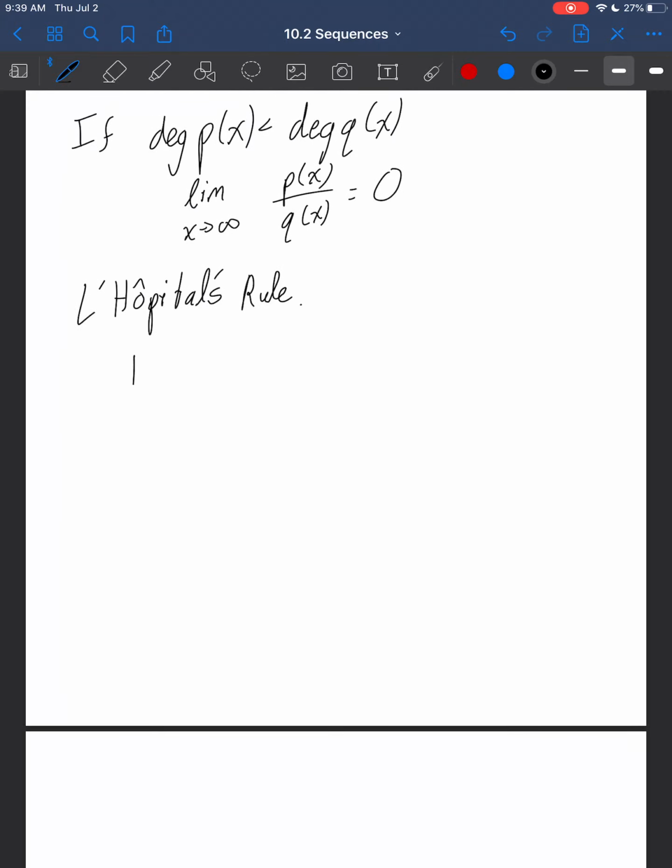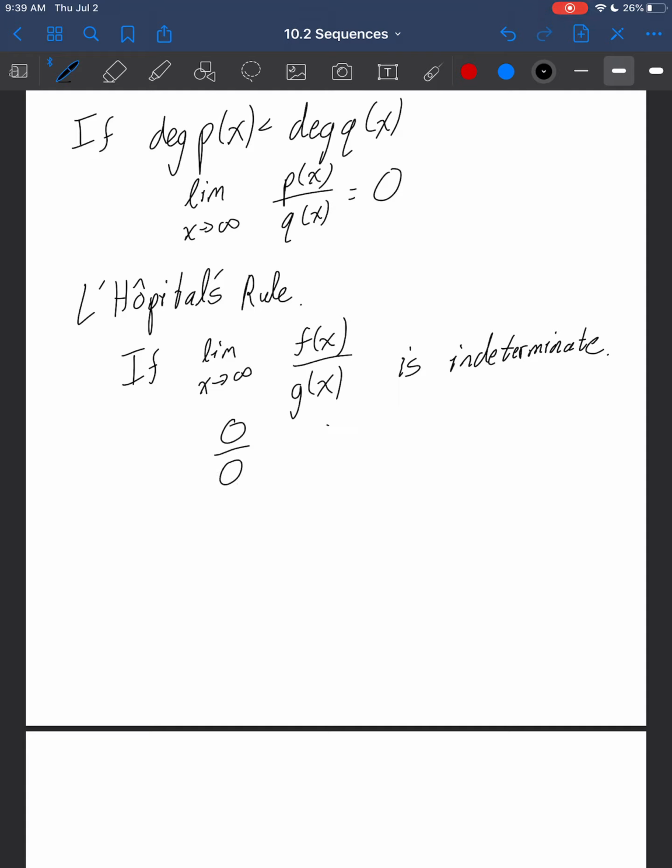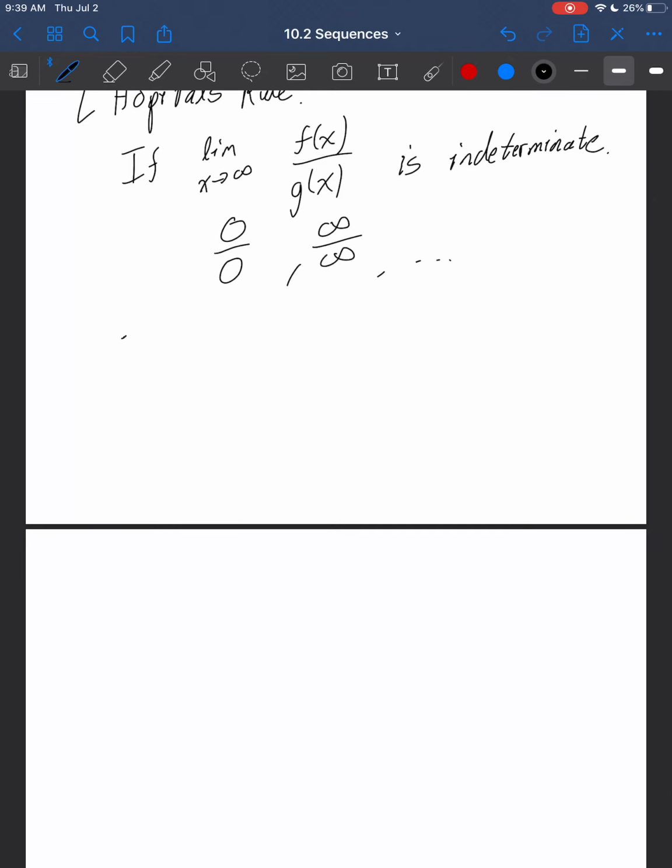But anyway, the idea for this is if the limit as x goes to infinity of f of x over g of x is indeterminate, some examples of this are 0 over 0, infinity over infinity, things like that, where we can't actually determine what this limit is, then we can take derivatives of the top and bottom.